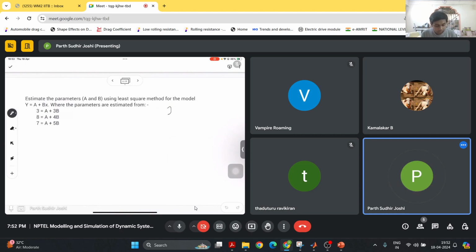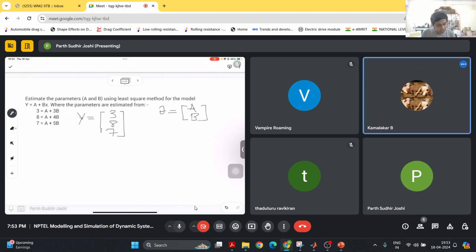So here our theta will be basically a and b, and our y vector will be 3, 8, and 7.